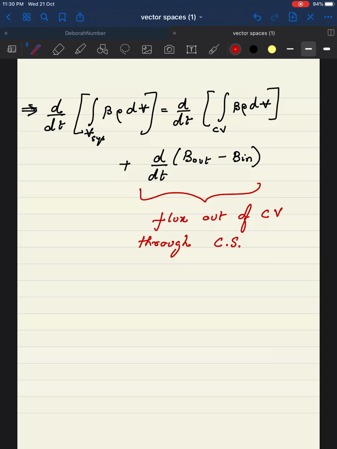So in order to calculate this, the flux out is related to the relative velocity with respect to the surface and the unit normal at the surface, right?